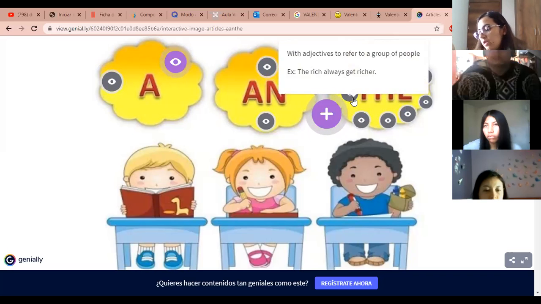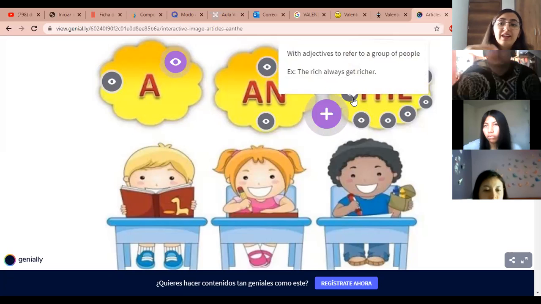Another case could be the French. Sí, los franceses. Estamos hablando de un grupo de personas. So, in those cases, when we're using adjectives to refer to a group of people, we're going to use this article the before the name of the group. ¿Sí? Vamos a utilizar este artículo, el, la, los, las en español, pues para referirnos a un grupo específico de personas.